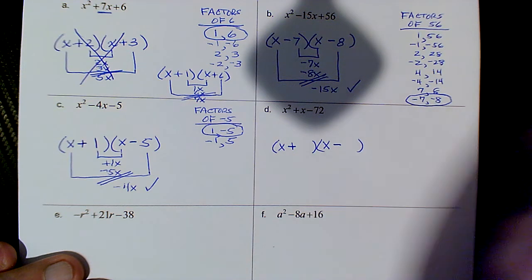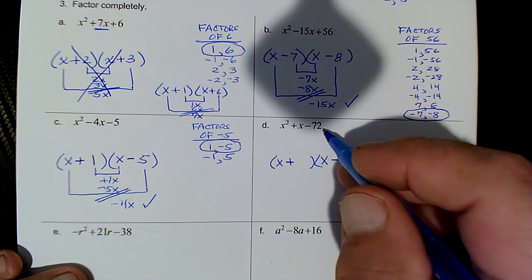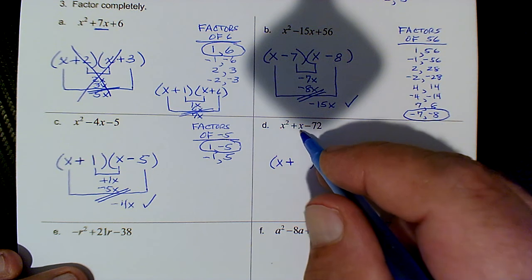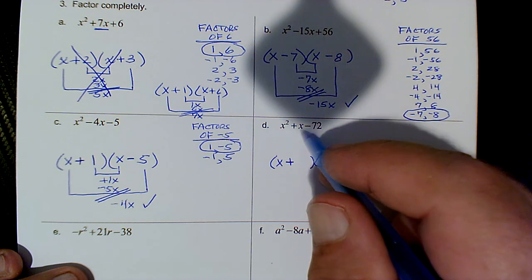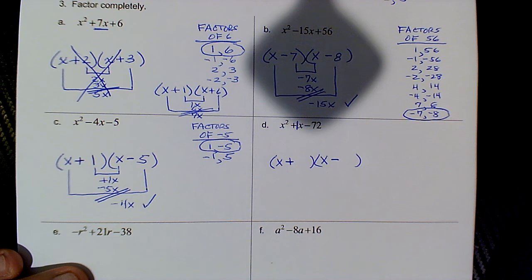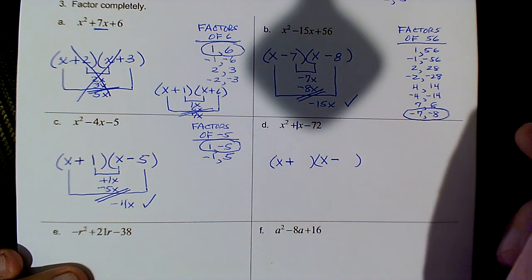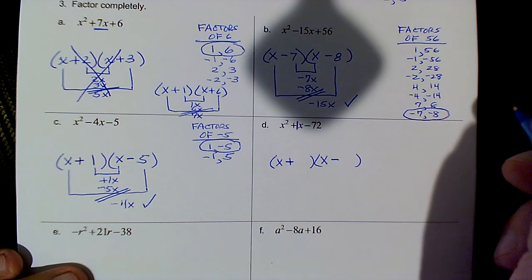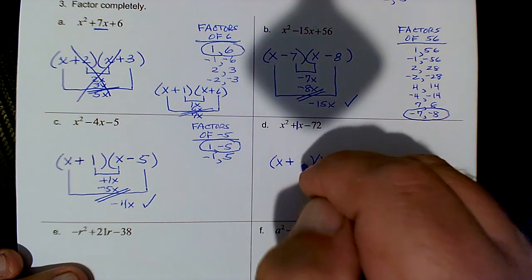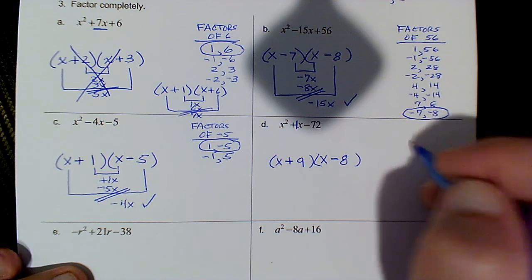And then a lot of times, if you want to make a guess, two numbers that multiply to give 72, but that combine to give a positive 1, because the coefficient of that x term is just 1. It's going to be two numbers that are kind of close together, so it strikes me as an 8 and a 9 if you're just thinking without listing the factors. And if we make the 9 positive and the 8 negative, that's going to work.